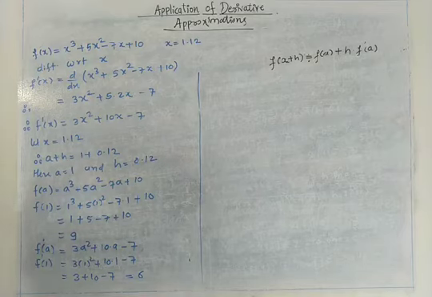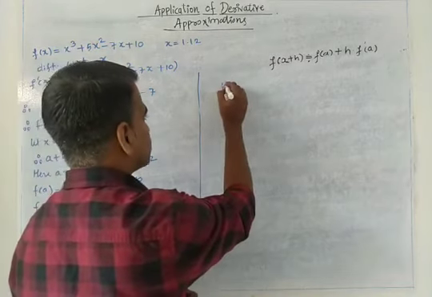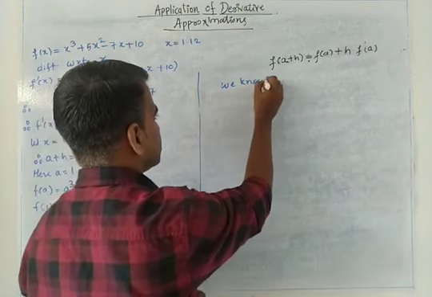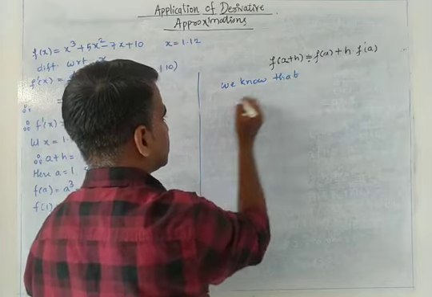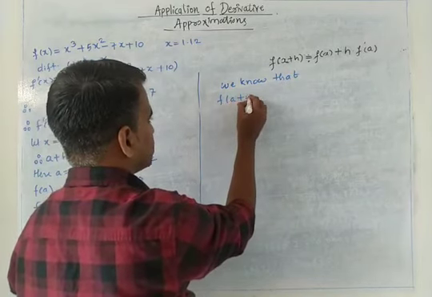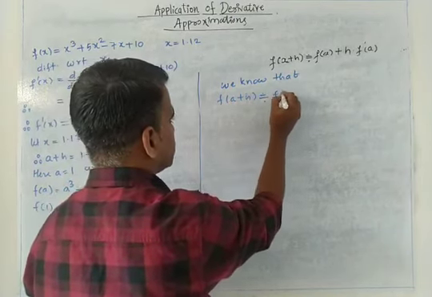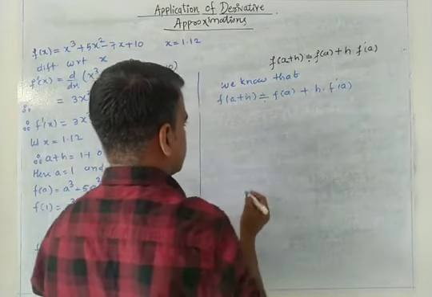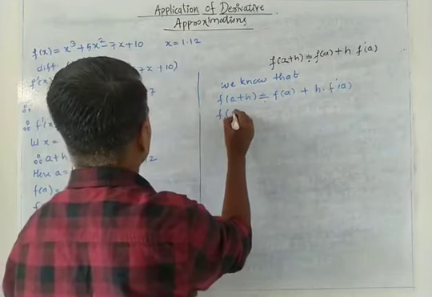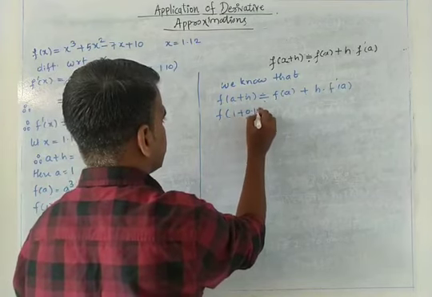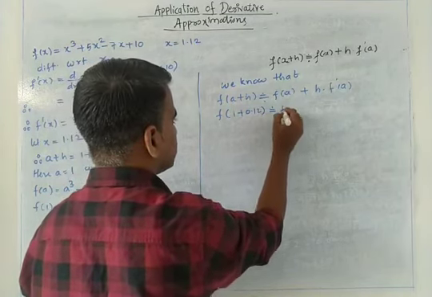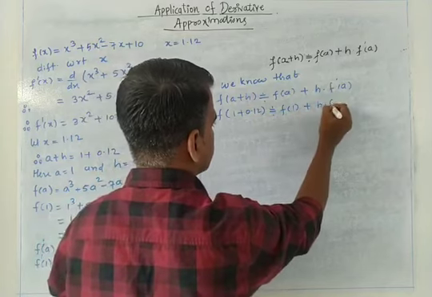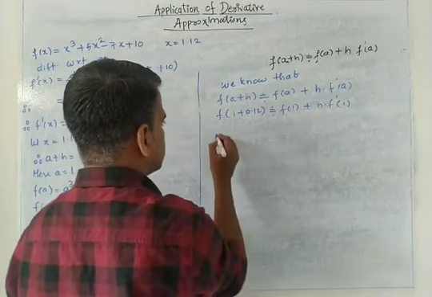Okay, now start with the formula. So we know that f of a plus h is approximately equal to f of a plus h into f dash of a. So f of 1 plus 0.12 is approximately equal to f of 1 plus h into f dash of 1.